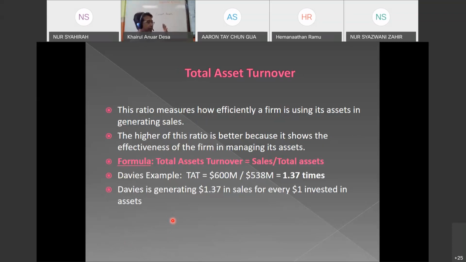And then we continue with the fixed asset turnover. Okay, fixed asset turnover, just the fixed asset. And then when the current asset plus fixed asset is the total asset.